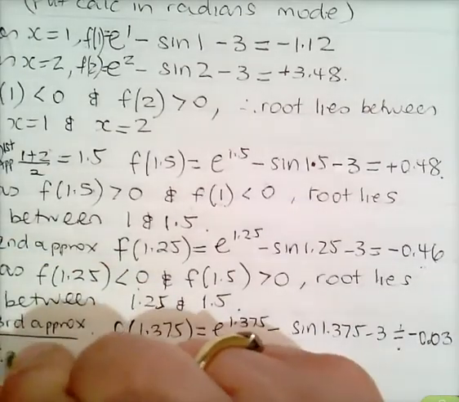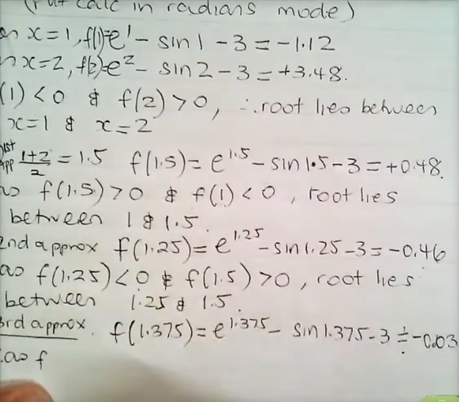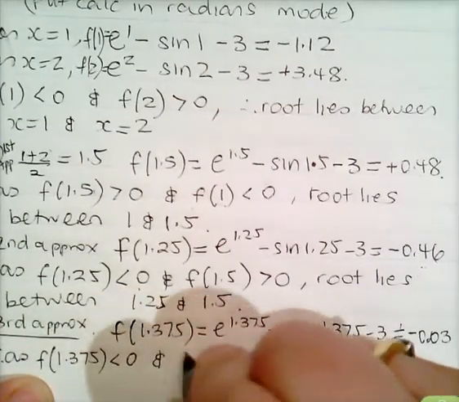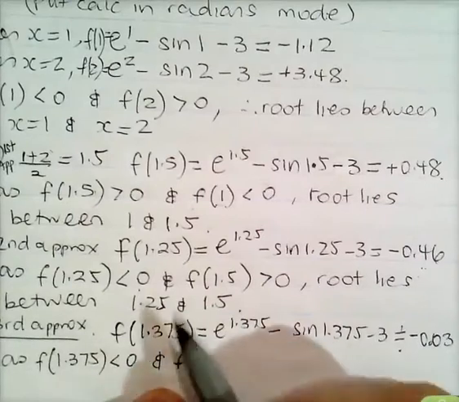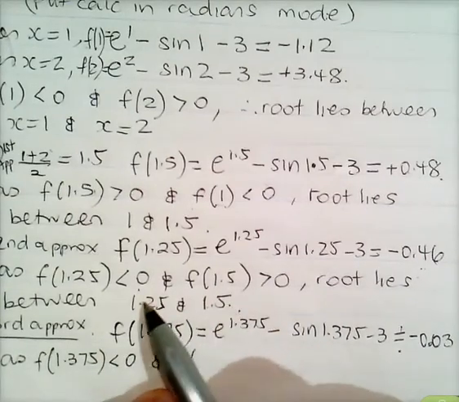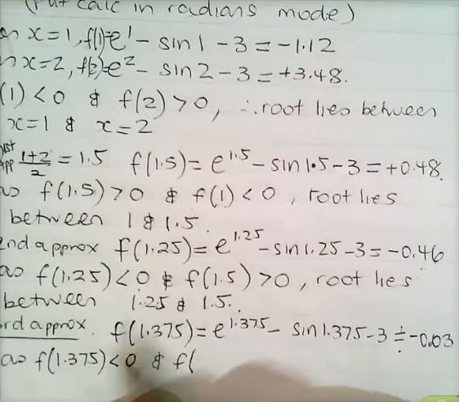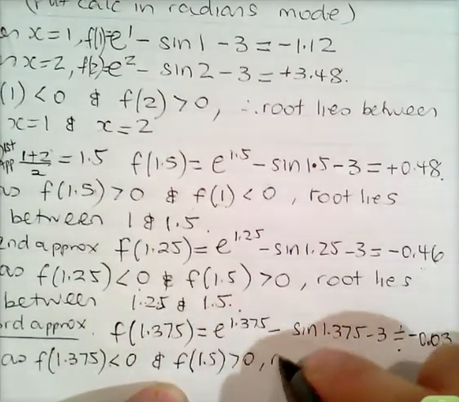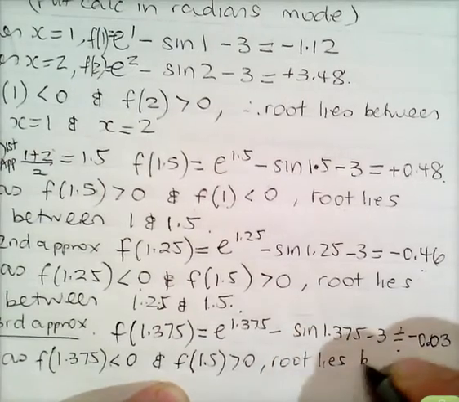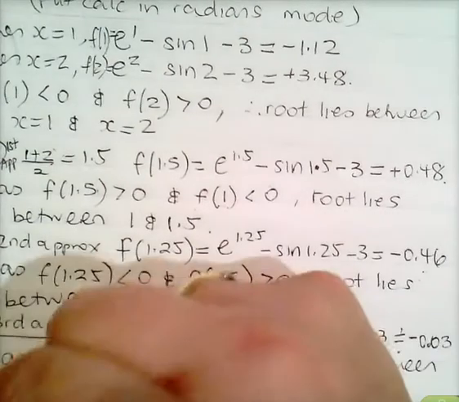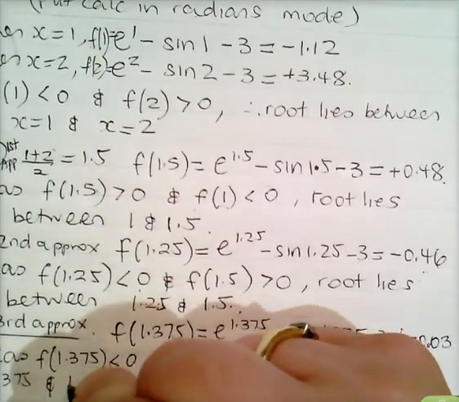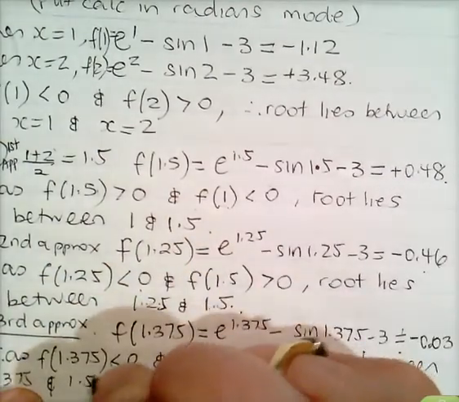So as the function of 1.375 is less than 0, we've got to see whether the function of 1.5 or the function of 1.25 is positive, because this one's negative. Well, the function of 1.5 is positive. The root lies between x is 1.375 and 1.5.